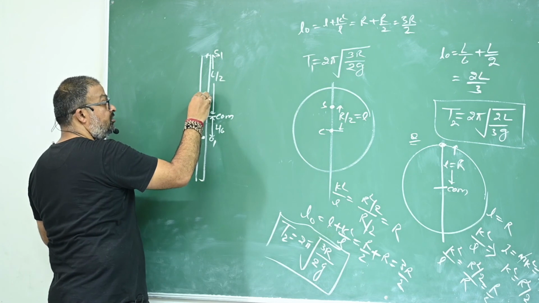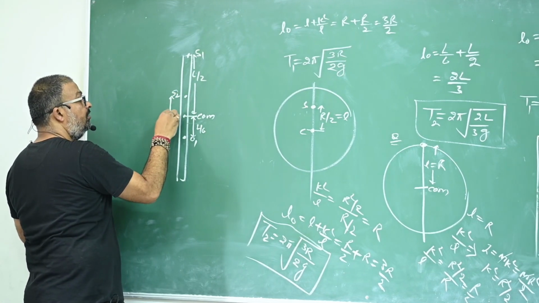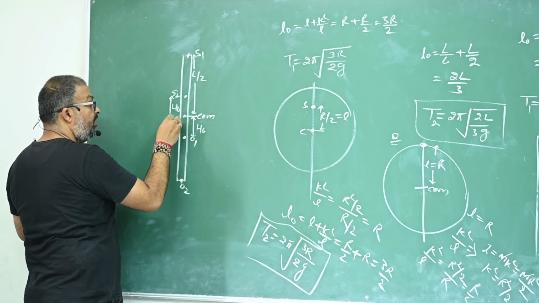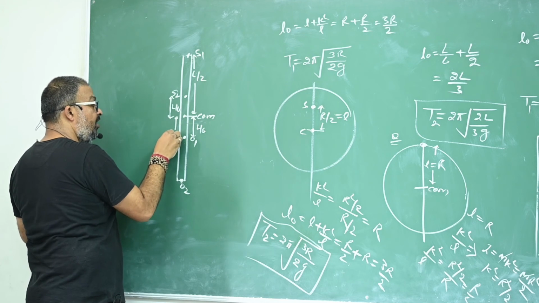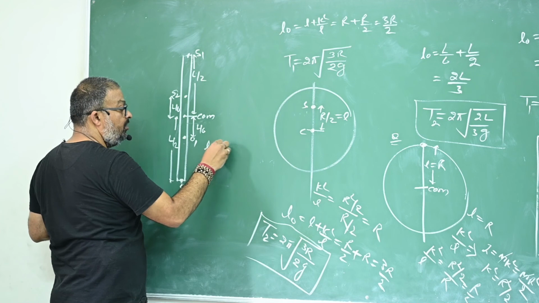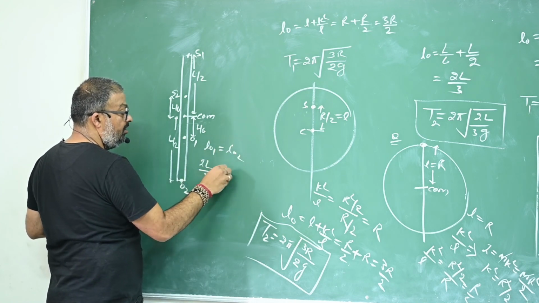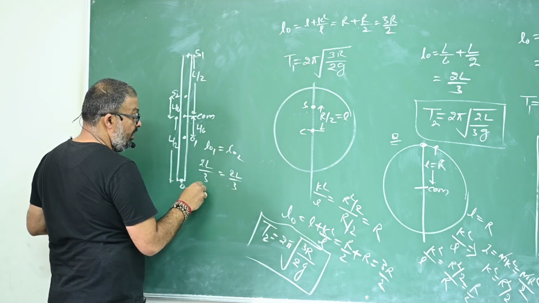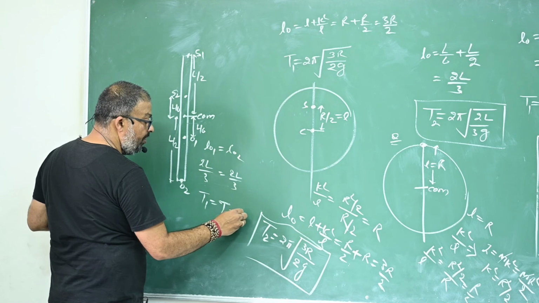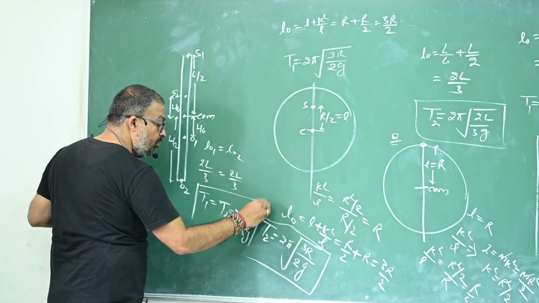But when the same rod is suspended from a point S2 at a distance L by 6, then O2 will be at a distance L by 2. In both the cases, L01 equals L02, that is 2L by 3. And in both the cases, time period T1 equals T2. And how much? 2 pi square root of 2L by 3G. Am I right or not?